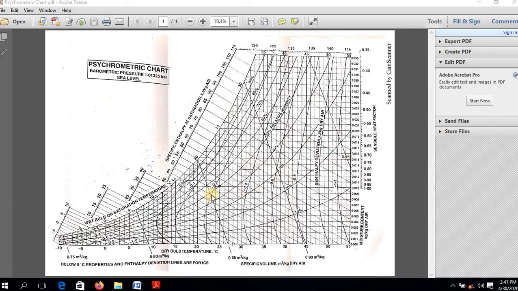When the outside and inside conditions are given, the outside condition point is located over here and the inside condition point over here. From those points, draw a line parallel to this baseline and you can get other properties like the sensible heat factor, grand sensible heat factor, dew point temperature, APD, effective room sensible heat factor, and so on.